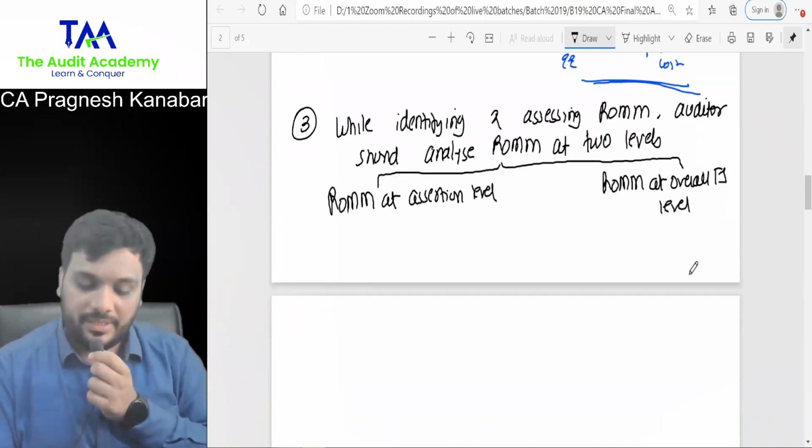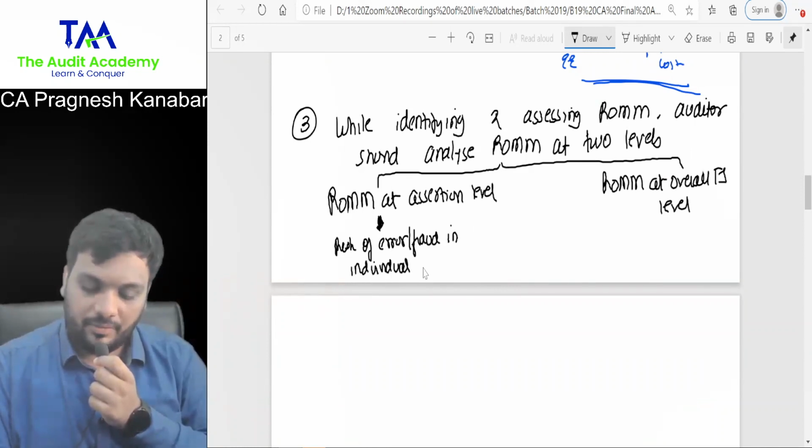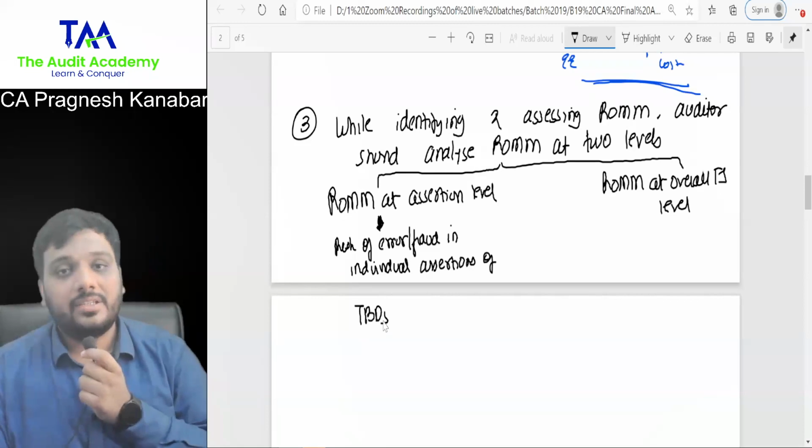So listen to me. Risk of material misstatement at assertion level. That means the risk of error or fraud in individual assertions of the transaction balances and disclosures.